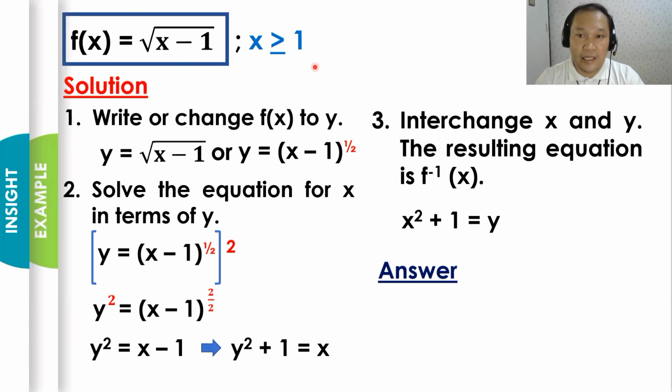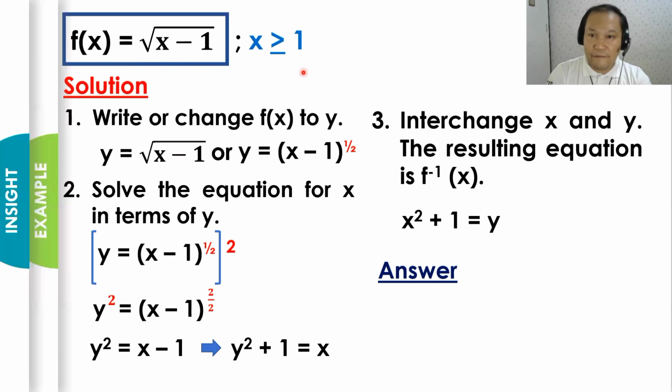And in this case, we are going to limit it so that an imaginary solution will not occur. Thus, we equate our radicand, x minus 1, as greater than or equal to 0. That's why we have here x is greater than or equal to 1, so that we are not going to have an imaginary solution.